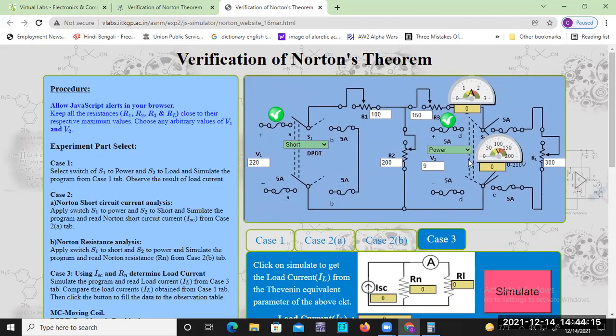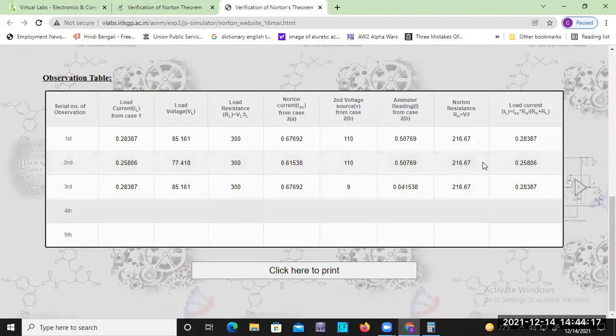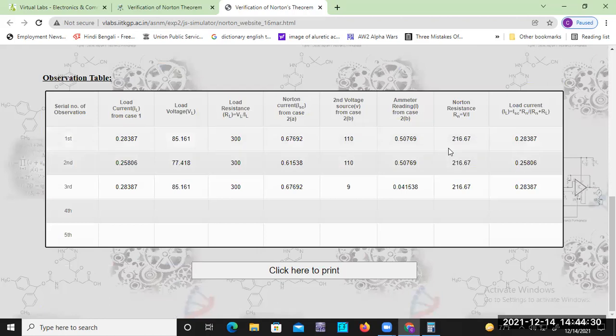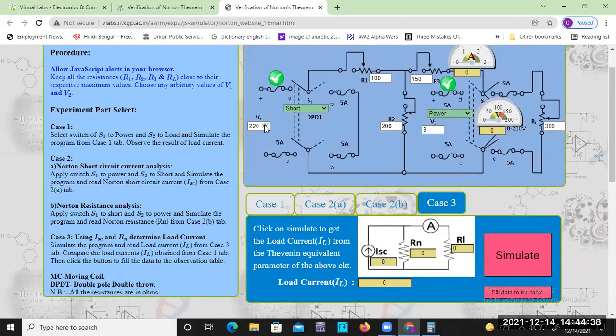Even the equivalent resistance, we never change any of this resistance, but we change the voltage. So what happens? Resistance is independent, because you change the voltage source also. The original voltage source, the first time it was 220, the second time it became 200, and the third time again 220.